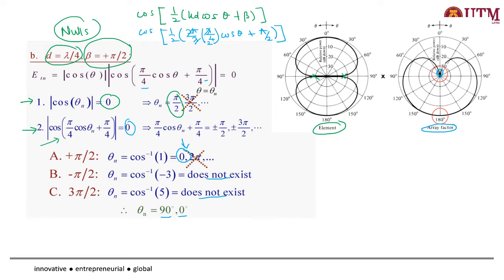Next step is to multiply them, because E total equals E single element multiplied with the array factor. So you multiply them. In this case it's 0 crossing at this one until here, something like this.